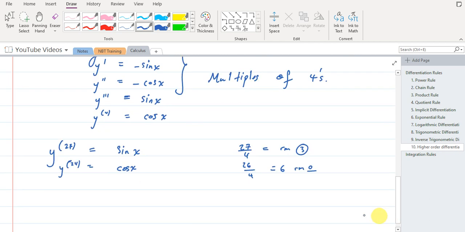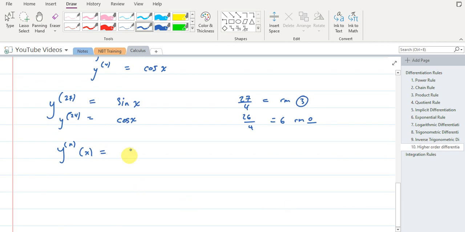Then I'm sure we can find the nth derivative formula. You can write it as a split function in 4 parts.